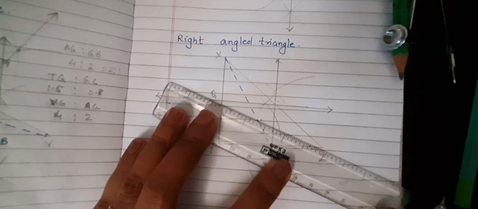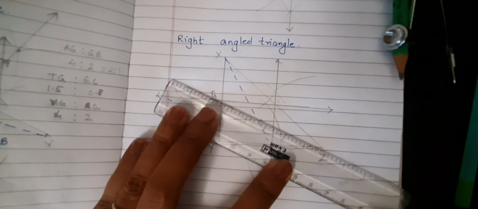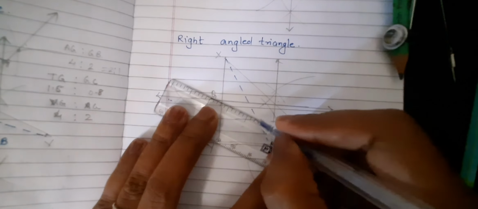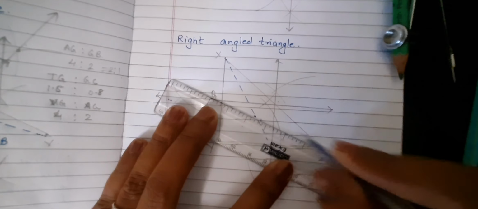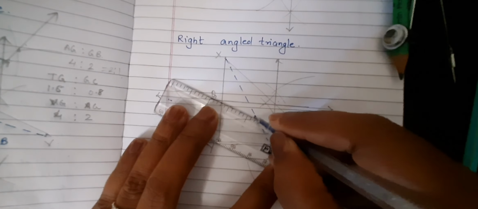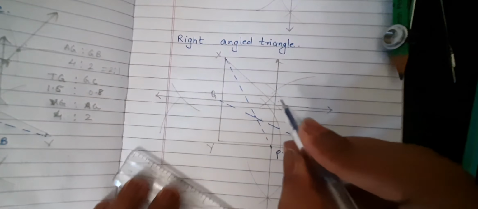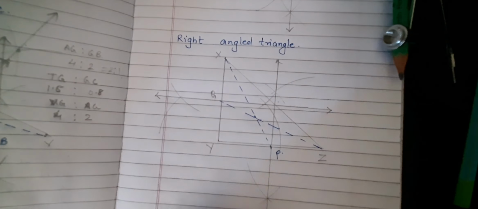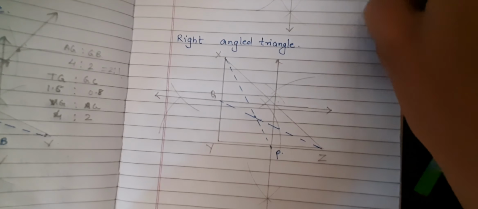And this Q and Z will be joined. Right? So ZQ is the median for triangle XYZ on side YX. Okay.